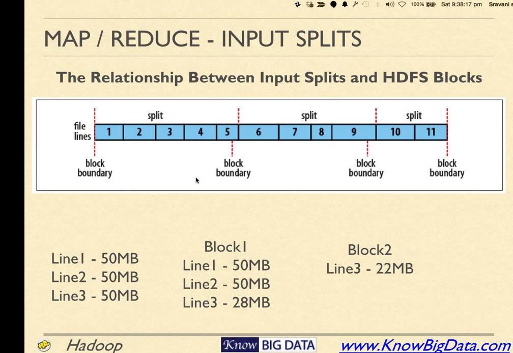We create the logical representation of the data in the form of input splits, and an input split is basically designed such that we get the full logical data rather than half and broken data. All right. So input split is something which we can control. We can say that I'm using the line wise input split, or we want to deal with paragraph wise, or howsoever we want to logically process the data, we can accordingly use input split.